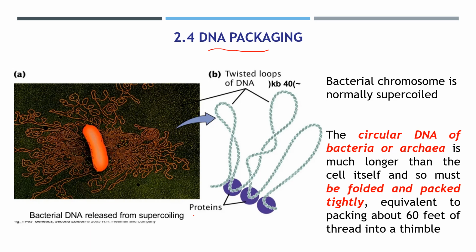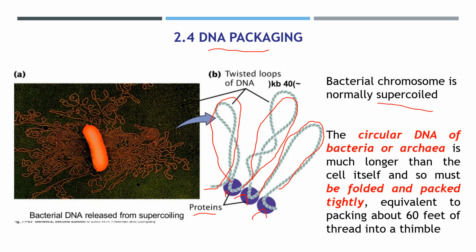What they do is they have proteins, similar to what happens in eukaryotes. Here you can see in blue all these proteins, and this is the DNA. You're forming these loops that are twisting. After that, there is another layer of compaction that is called supercoil.